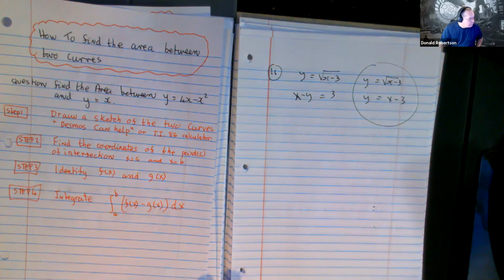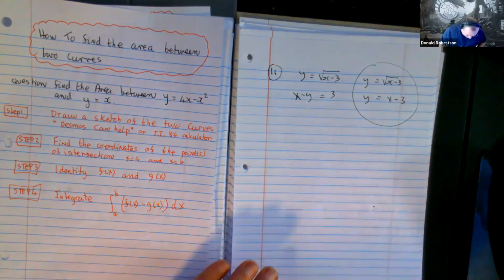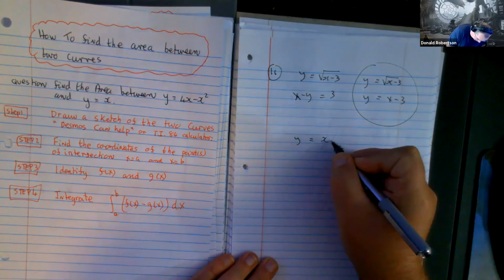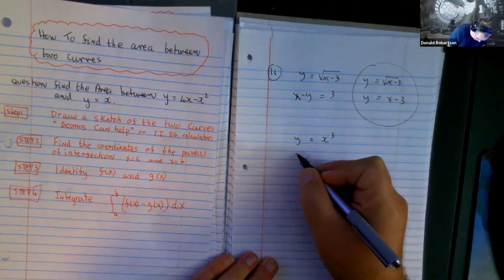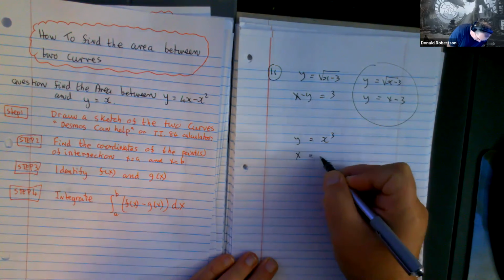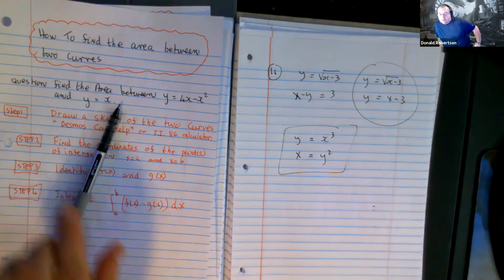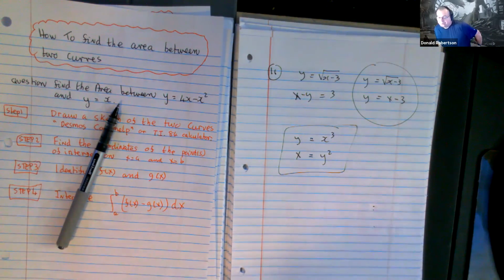I thought they did another one. I am wrong. Okay, I'll give you one. Suppose I give you that one. I want to know the area between those 2 curves.